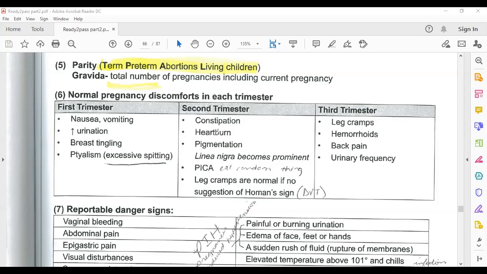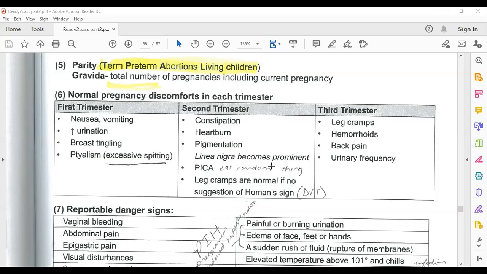For heartburn, tell them to eat small frequent meals and sit upright after meals for 30 minutes or more. Also pigmentation, I mean the linea nigra becomes prominent. And sometimes mother complains of leg cramping, I mean leg pain.